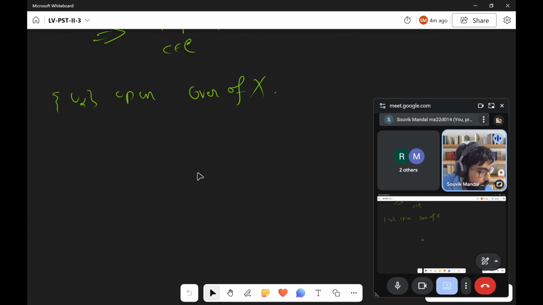Now U alpha is an open cover, so the U alpha complements form a collection. We call this collection C. This is a collection of closed sets of X. Is it correct? Yes, sir.